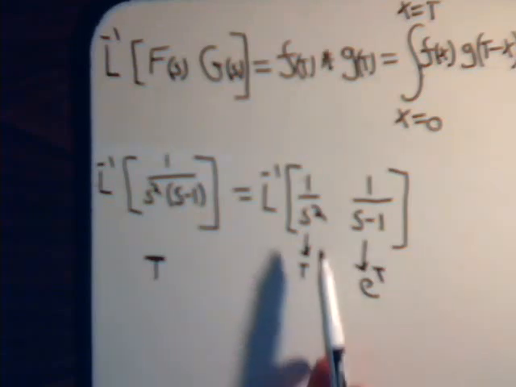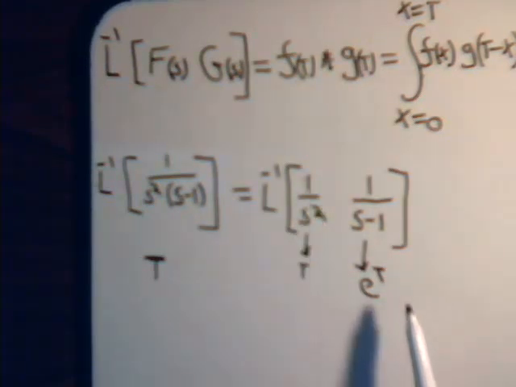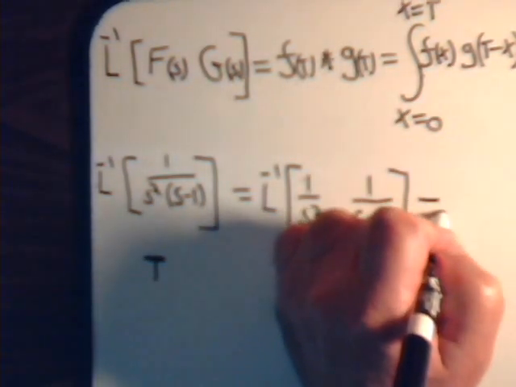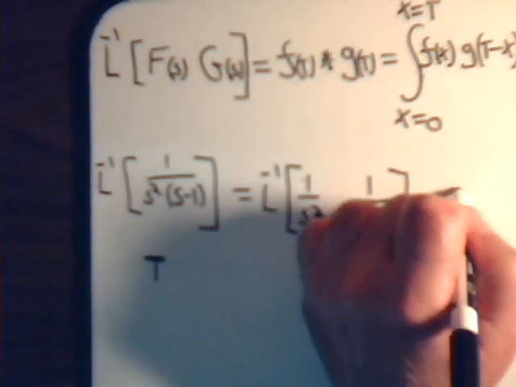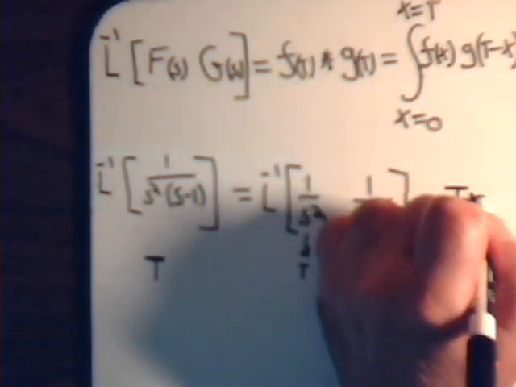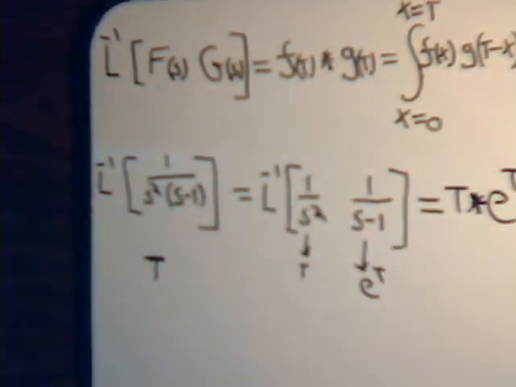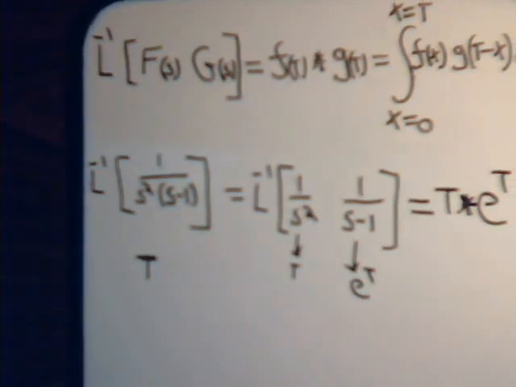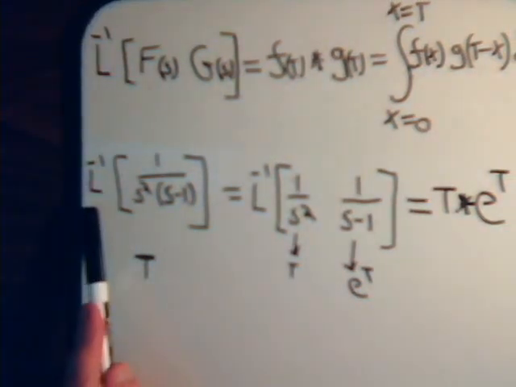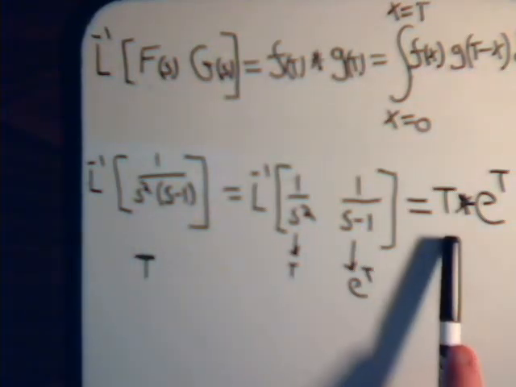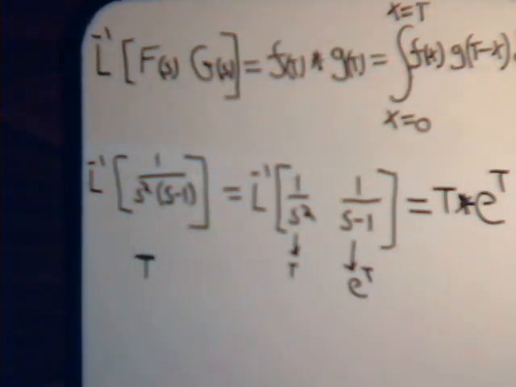The Laplace transform of e to the t is 1 over s minus 1. So this is equal to t, this convolution operation, t with e to the t. So the inverse Laplace transform of this is equal to this convolution.